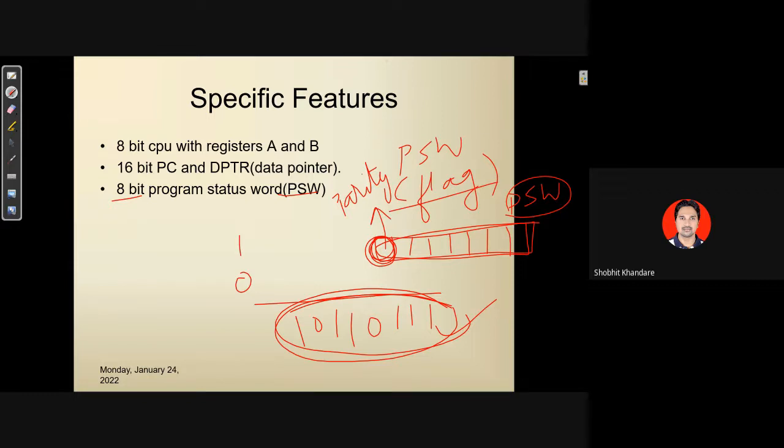If the result gives you even parity, then this bit will be 1. And if this bit gives you 0, that means the result generated shows odd parity.